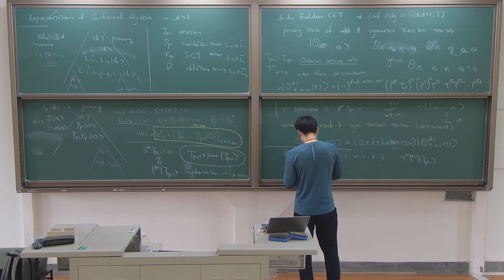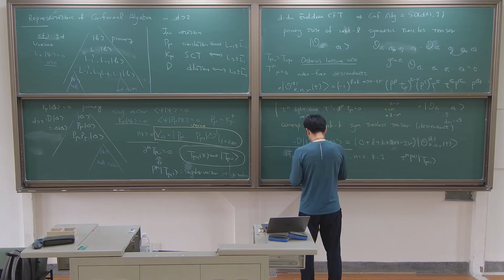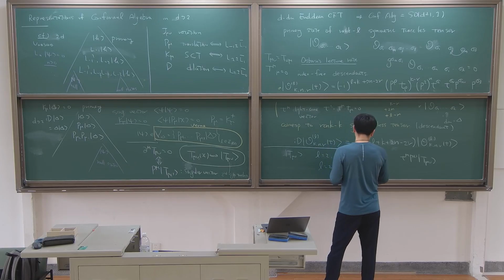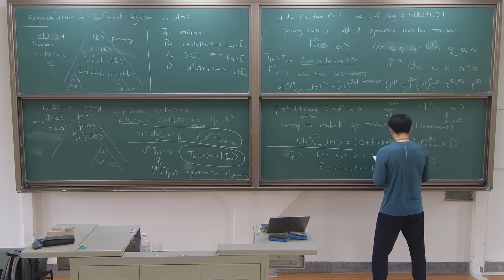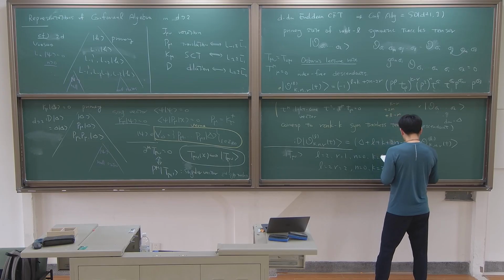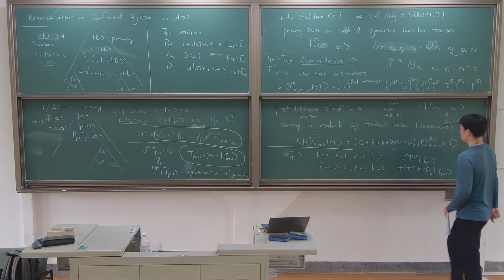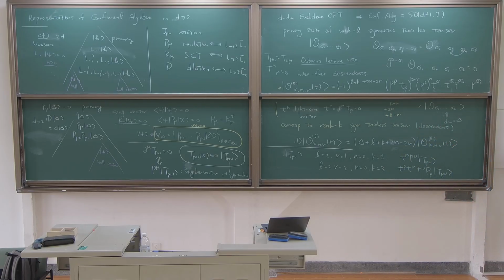And then, for instance, the other case is L equal to 2, R equal to 2, N equal to 0: T rho, T mu, P rho, and T mu. So that's a descendant. Okay, so that's the case.